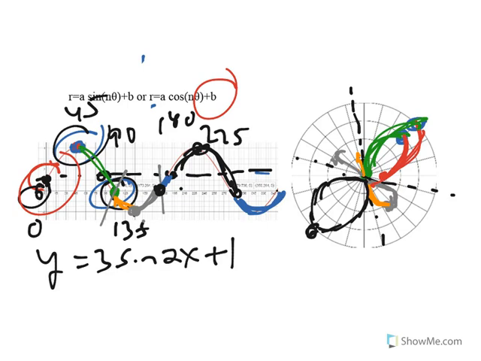I'm at like 90, 180, 270. So after 270, I'm facing in this direction, but I'm going backwards. So I end up with another small petal. And it suggests that if I keep going, I'm going to fill in that.